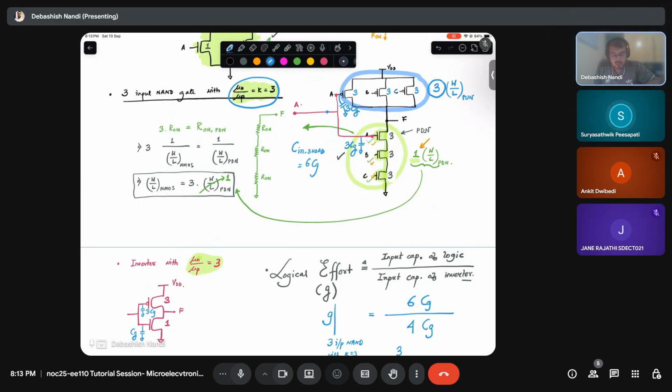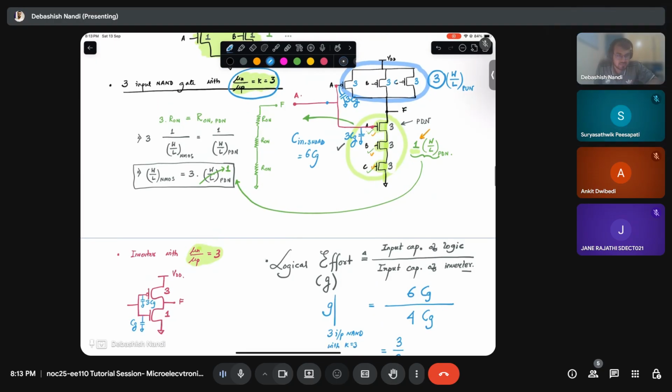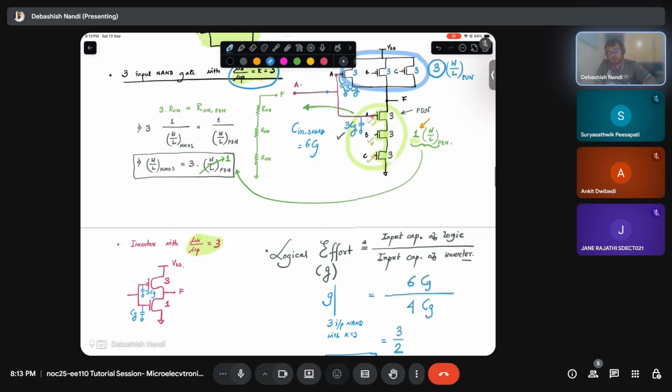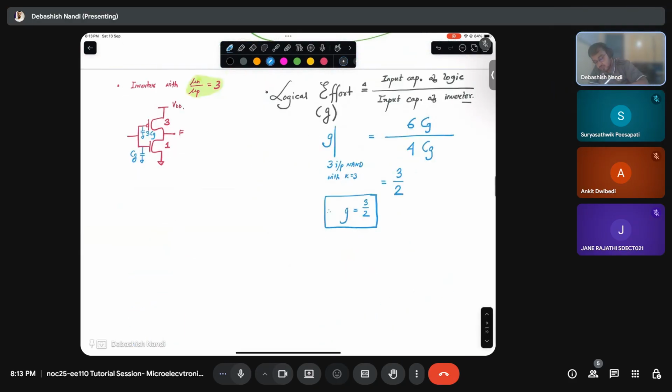Yes, sir. If the sizing part is clear to you, let's say this will be your 3 input NAND gate. This is how it looks.